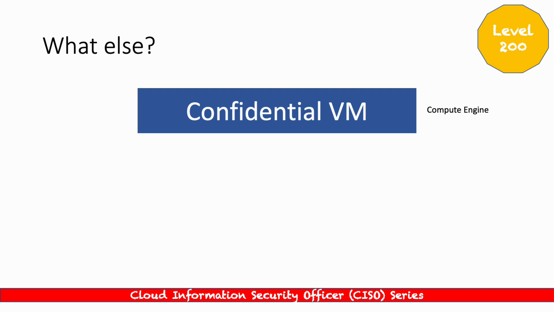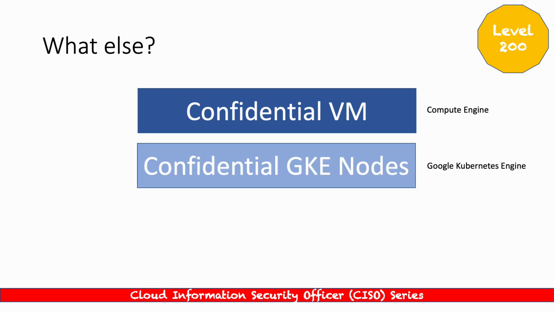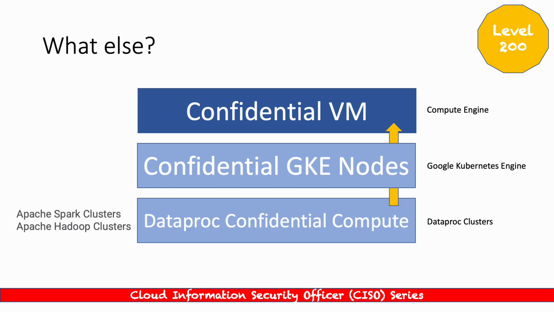But what else does this kind of functionality cover? It's a little bit outside the course because we only want to focus on confidential virtual machines, but with that said, we can also do confidential GKE nodes, Google Kubernetes Engine nodes, and again, it's encryption in use. We can also do Dataproc confidential compute.